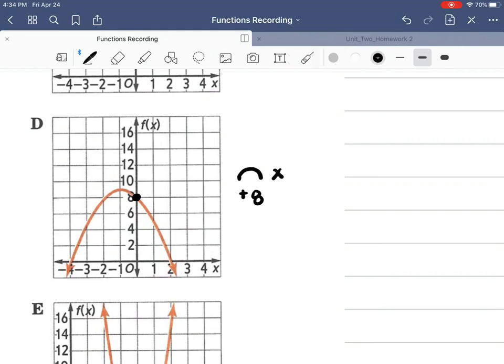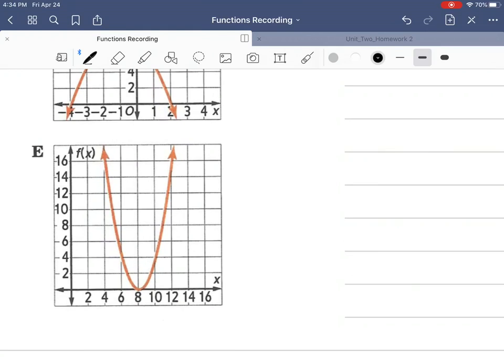So this one fails on both counts. This one's smiling, that's good, but it doesn't touch the y-axis. And we know that's not true because we're looking for something that touches the y-axis at negative 8. So that's a failure on that part.